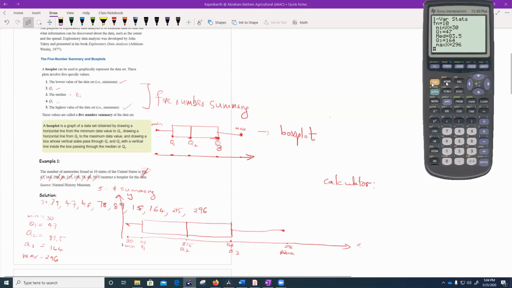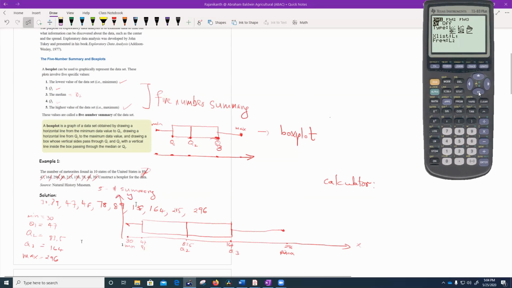Now you need to go to second and stat plot. I am going to draw from plot number 1, enter. Now I need to select the correct type. I'm going to draw a box plot. Box plot is the number 4 option, so I'm choosing number 4. They are asking for the X list. Yes, the X list is your data values, which is L1.